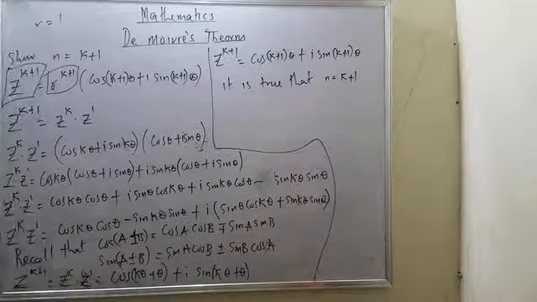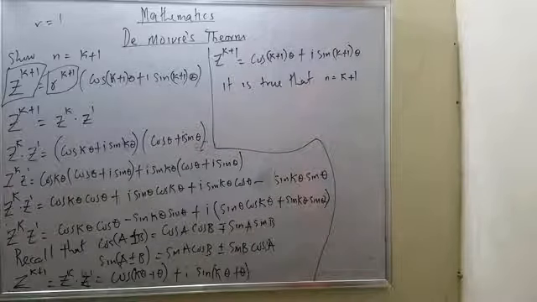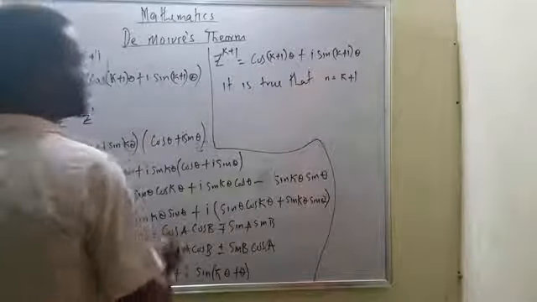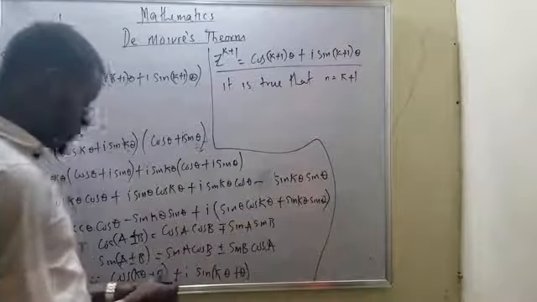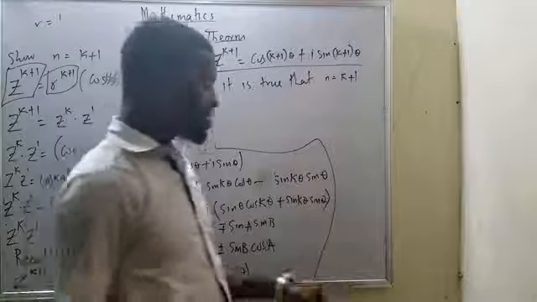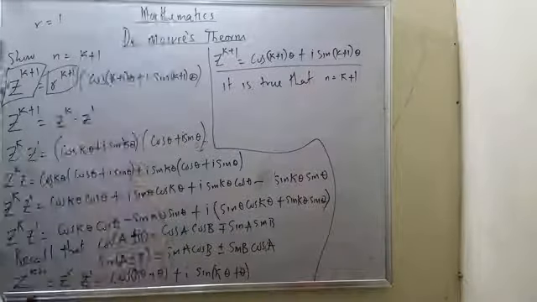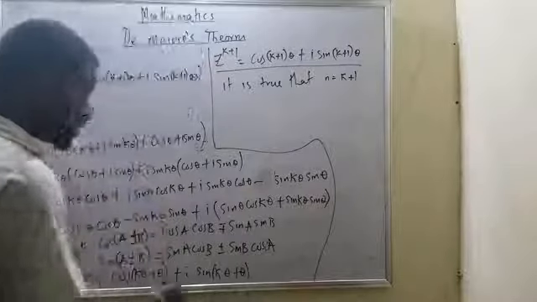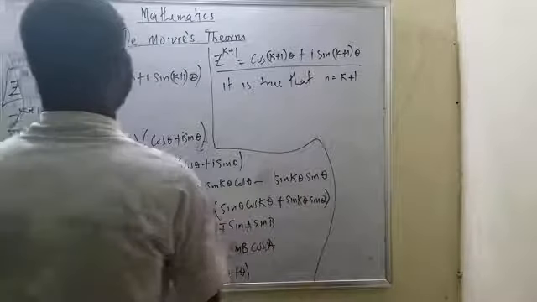That is what we are trying to do when it comes to De Moivre's theorem. It means that to achieve this, you must be very smart in your trigonometry and also very good in your mathematical induction. Please take note of that. You have all this on our platform which you can play around with.